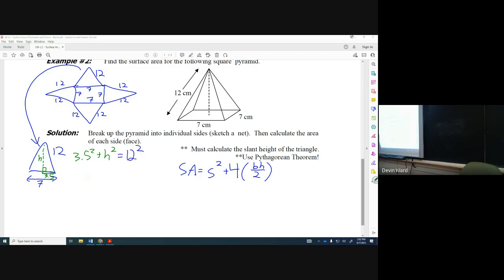Okay? So it's going to be 12.25 plus h squared equals 144. I need to bring over the 12.25 to get h squared by itself. I'm left with 144 minus 12.25. So that's going to leave me with 131.75.